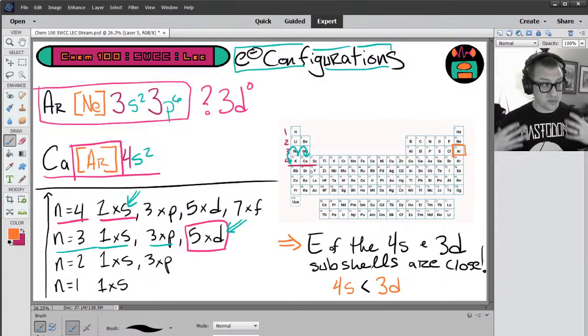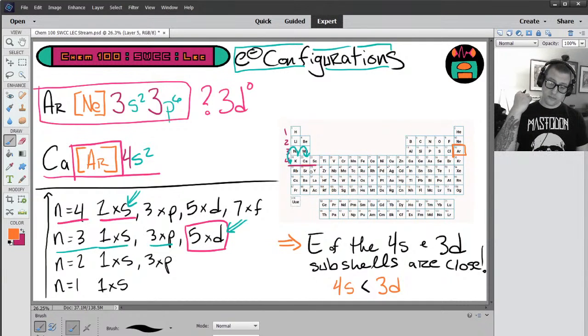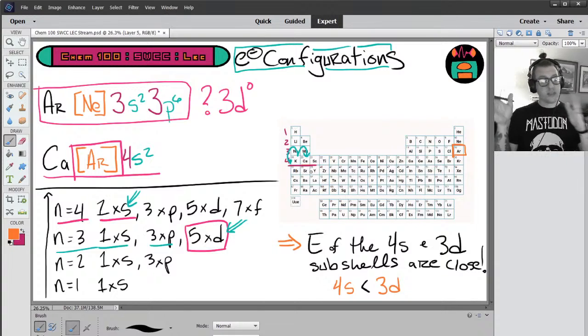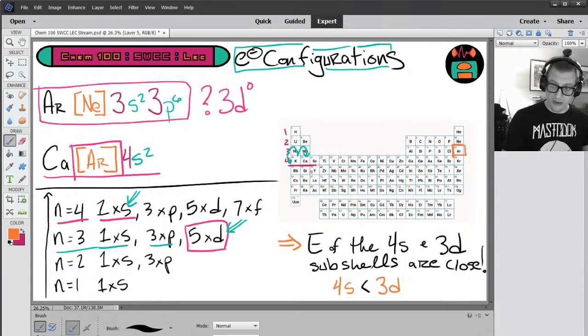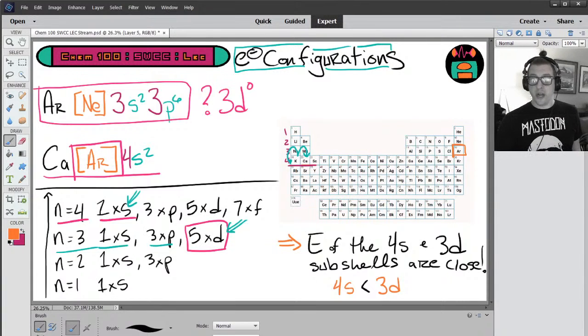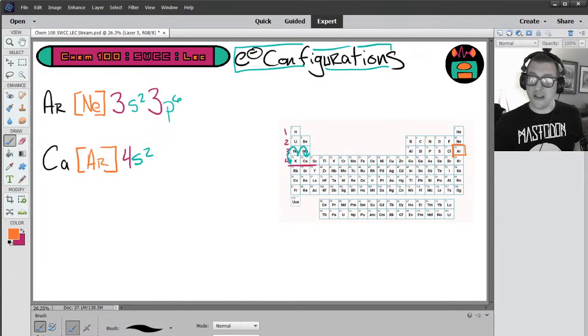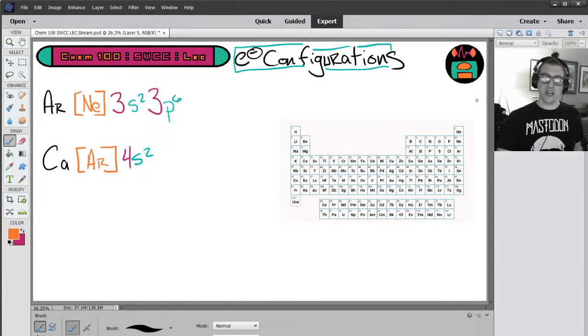So this is another reason why I advocate using the noble gas abbreviation and the periodic table: it handles that for you. You didn't even know that the 4s subshell was lower in energy than the 3d subshell, and you wrote the correct electron configuration anyway. The one thing you've got to keep track of is when you enter the D block.